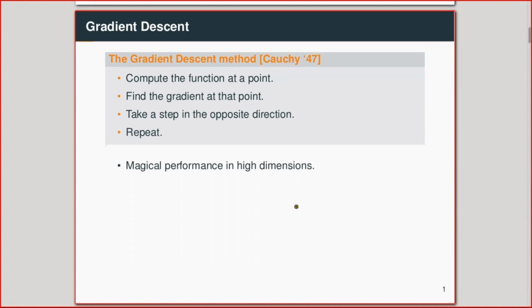And it actually is quite magical, especially when you have high dimensions, which means that there are lots of variables, and you want to find the setting of the variables for, say, the loss function of a neural network, for example. That's a great example. A neural network has every edge in it with some weight associated with it. So there are lots of parameters.